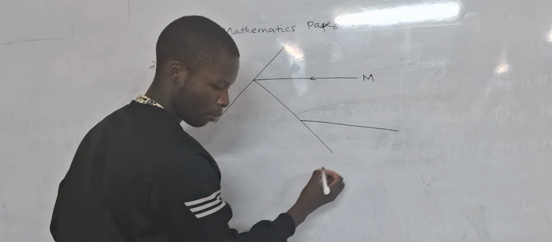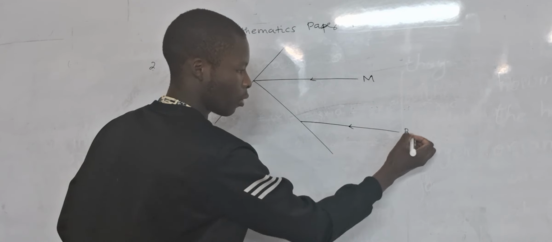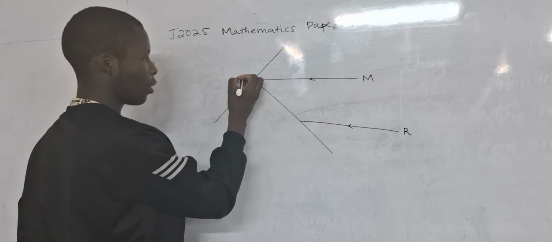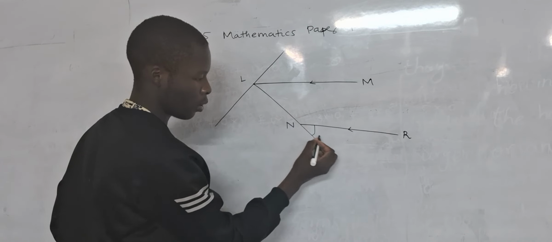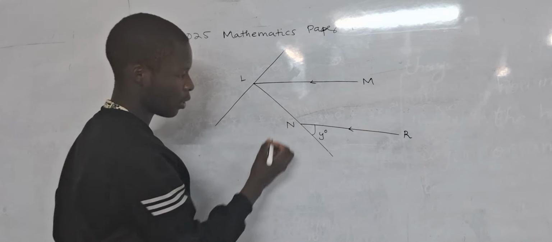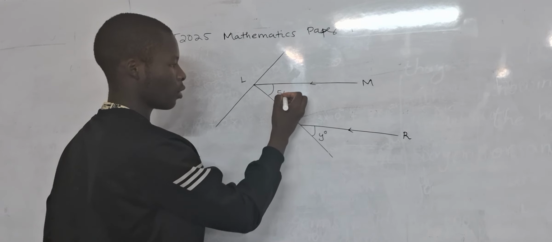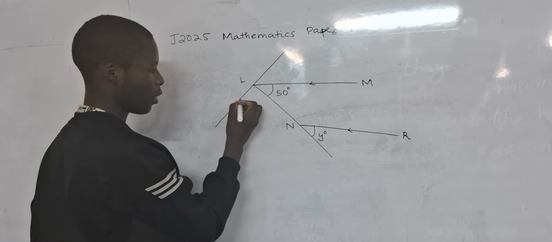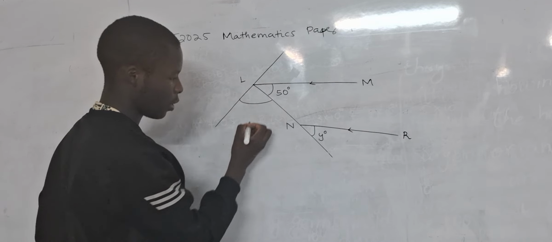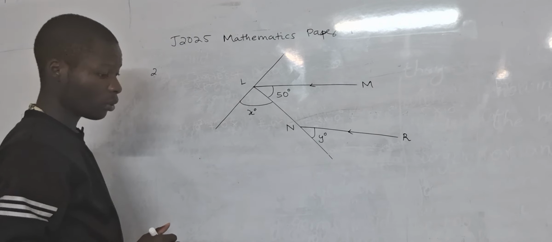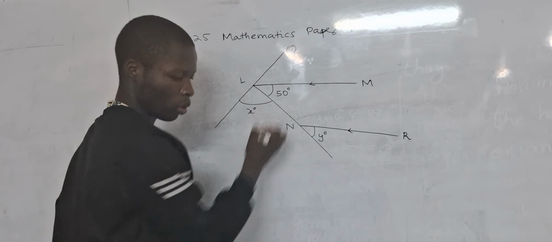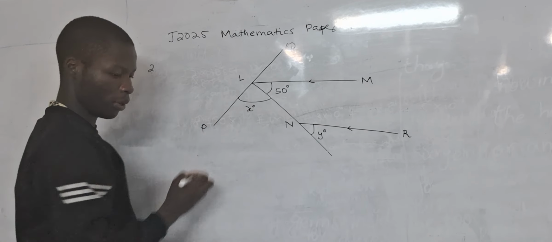This is M, this is R, this is L, this is N, this is Y degrees, this is 50 degrees, and this is X degrees. Okay, this is Q and this is P.